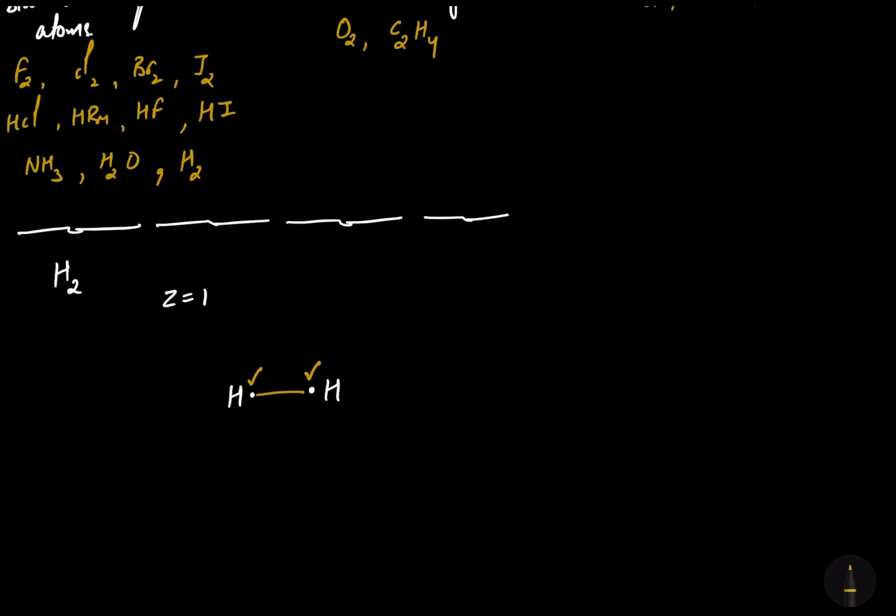The second hydrogen has also achieved the stable noble gas configuration of helium. So the H2 molecule has achieved the stable noble gas configuration of helium. That's the Lewis structure of H2, which has only one bond, a single bond.